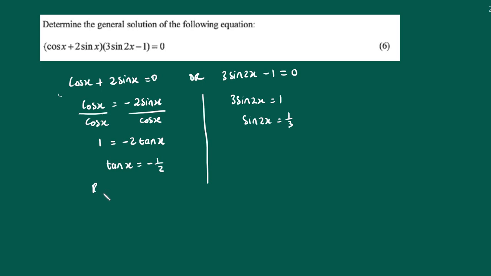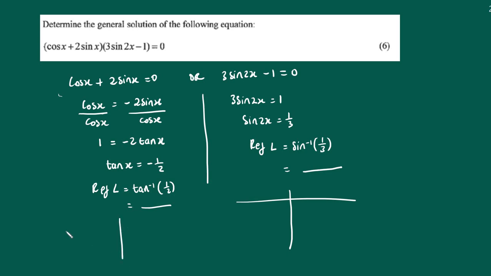You say the reference angle is equal to shift tan of negative 1 over 2. Then you get the answer. Then you say shift sine of 1 over 3. Yes, then you continue. Perfect.